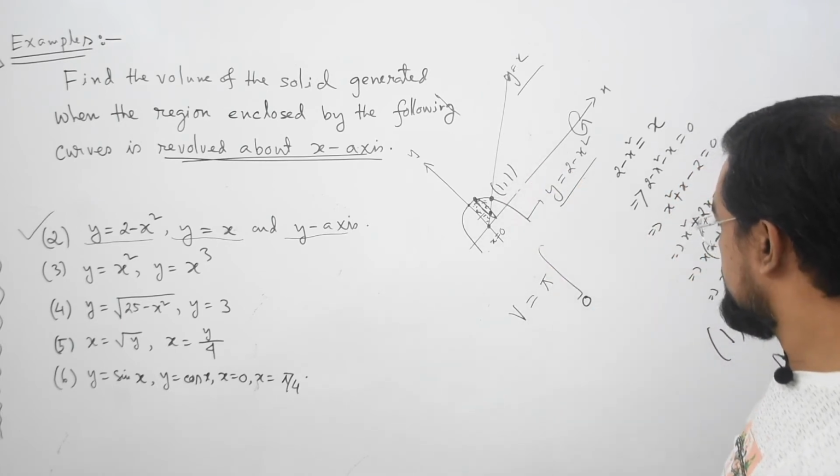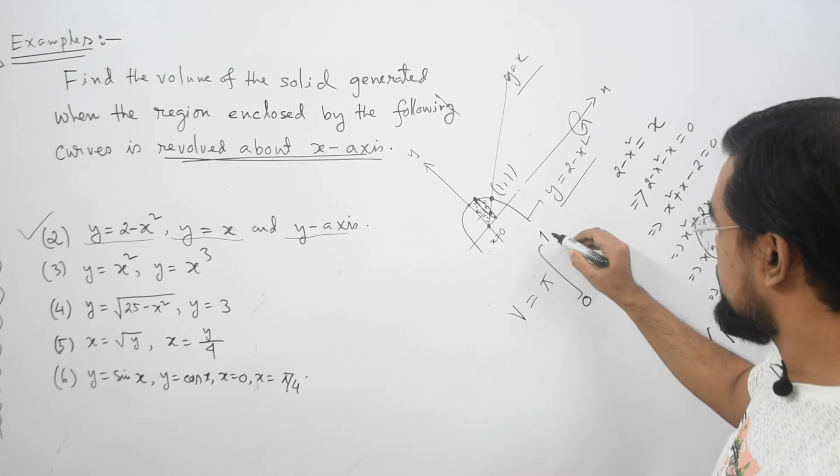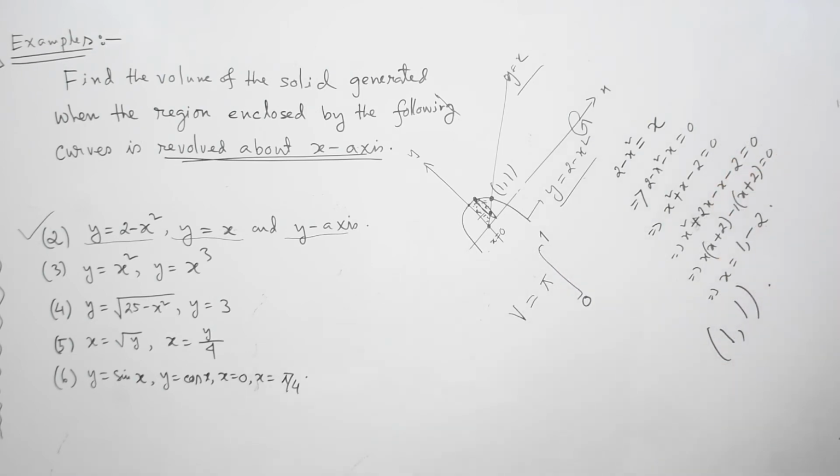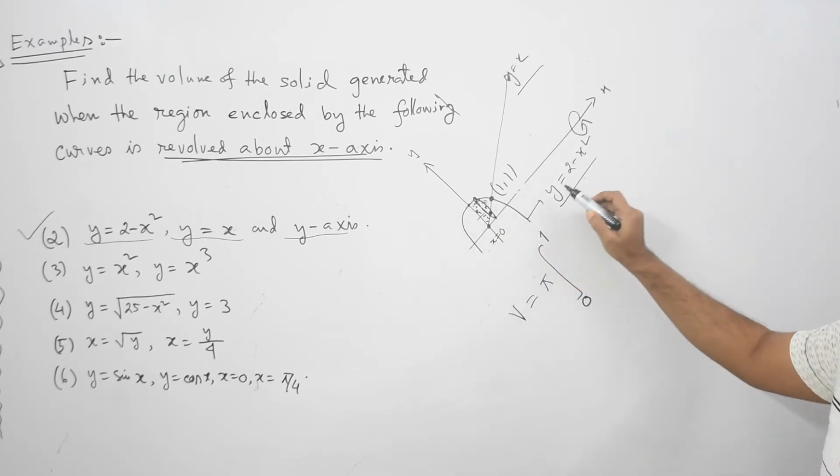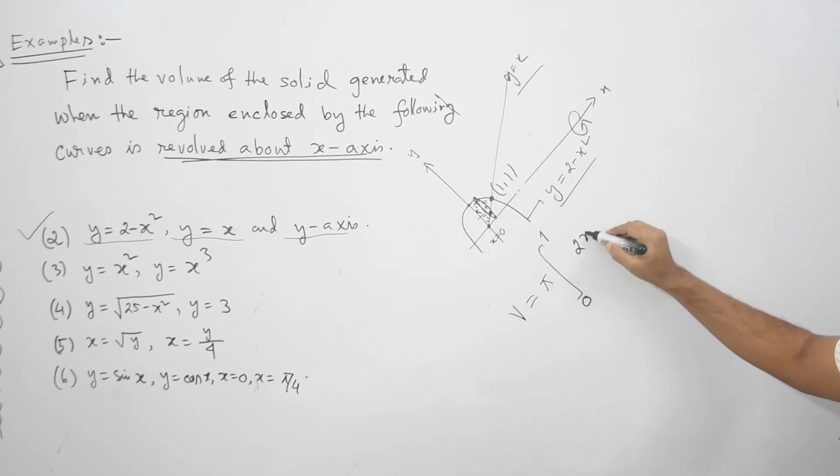So the lower limit will be 0 and the upper limit of x will be 1, and the curve above is this one. At this point, y equal to 2 minus x square.